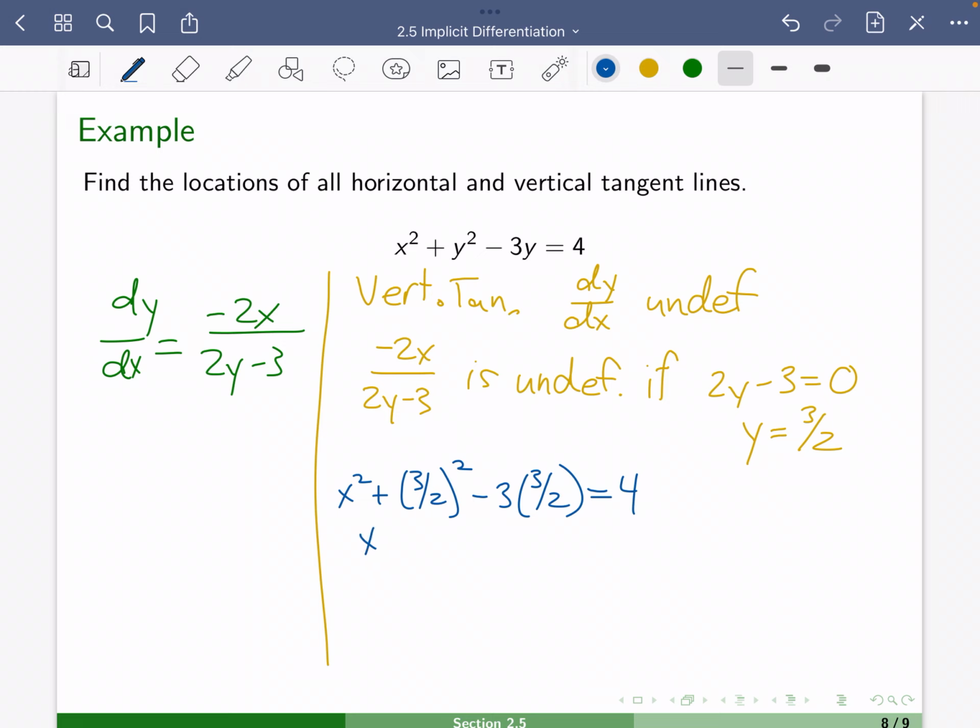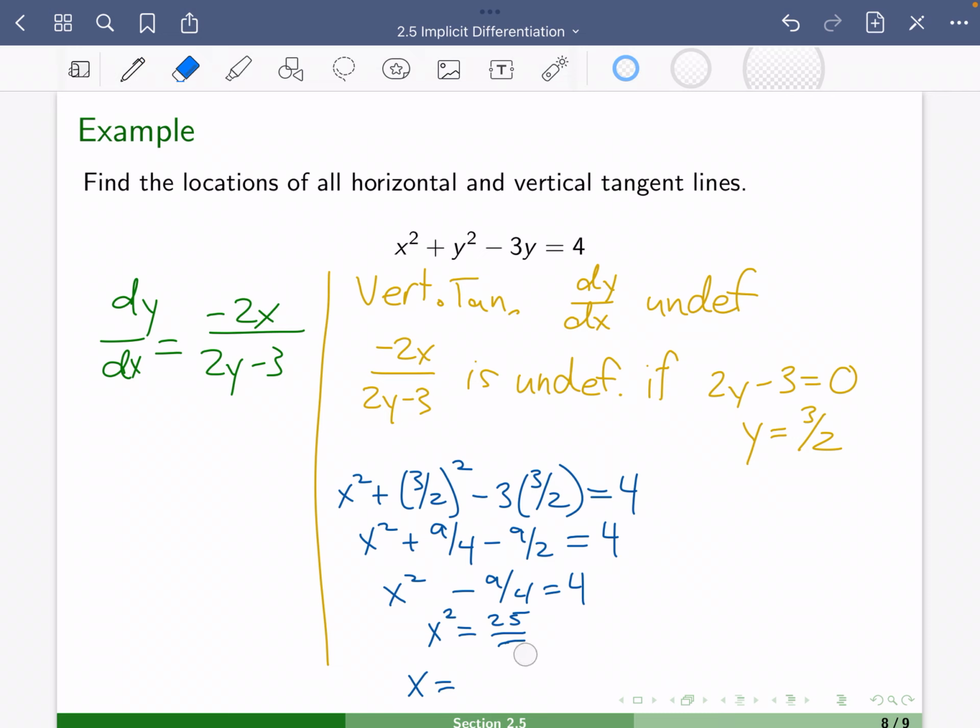So we have x squared plus 9/4 minus 9/2 is equal to 4. So x squared minus 9/4 is equal to 4. Moving the 9/4 to the other side, we have x squared is equal to 25/4.